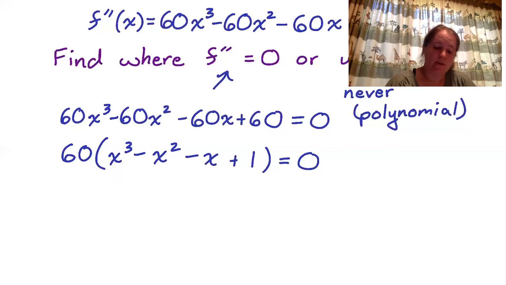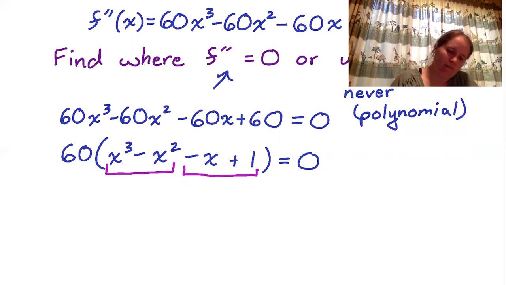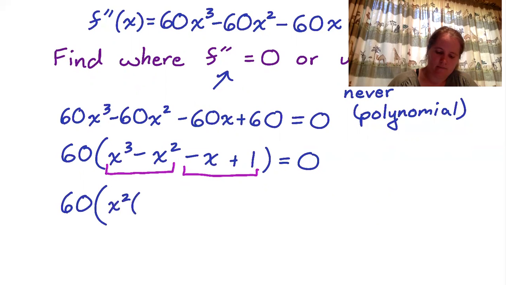We're now going to do factor by grouping. So let's group x cubed minus x squared and minus x plus 1. That first group, we can factor out an x squared, and we're left with x minus 1. The second group, we can factor out a negative 1, and we're left with x minus 1.